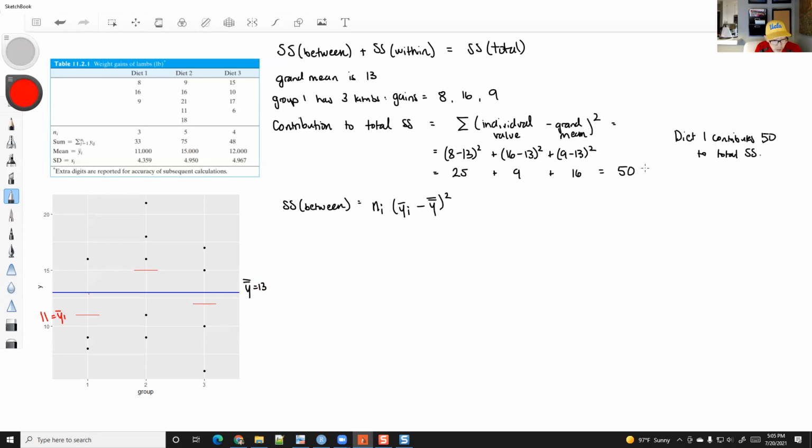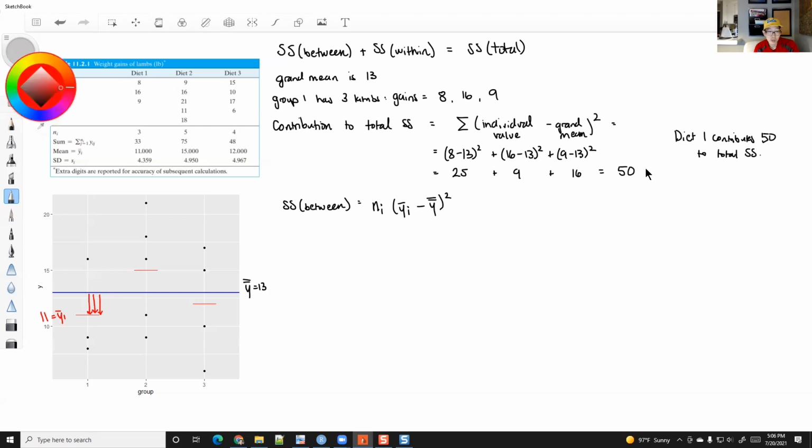So we have a difference of 2, and we're going to square these differences, and we've got 3 observations. So we take the difference of 2, square it, and multiply it by 3.